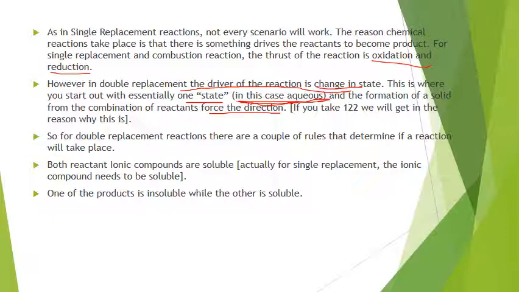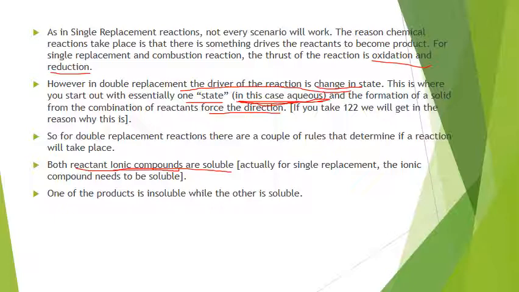So for double replacement reactions, there are a couple of rules that determine if a reaction will take place. The first rule is that both the reactants have to be soluble. Ionic compounds have to be soluble. That should be in single replacement as well.